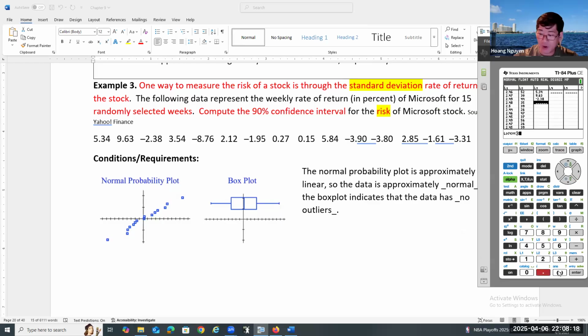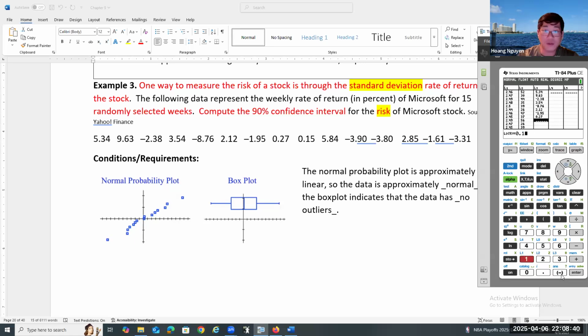And next one is 3.54 again, 3.54. The next one is negative 8.76. The next one is 2.12. The next one is negative 1.95, 0.27, oh, so 27.